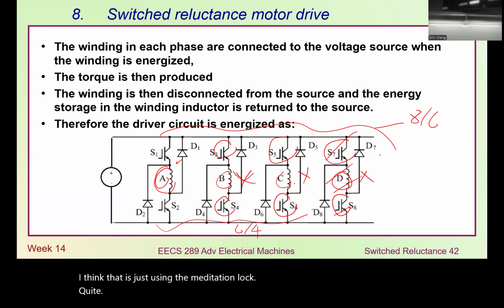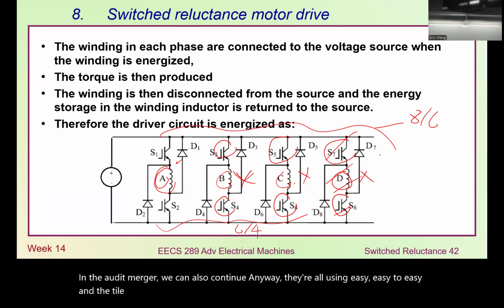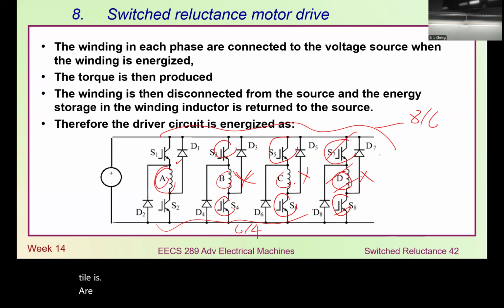I think why in SRM using the DC? Yeah, all the inverters, we can also call it an inverter anyway. They're all using DC, right? DC to AC. The diode is for independence from the other phases.